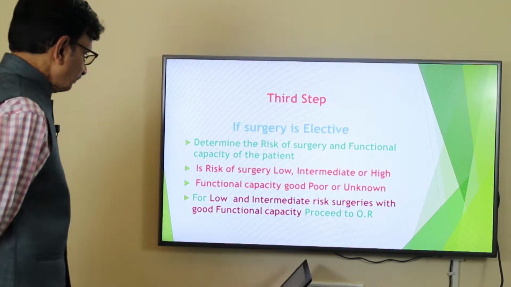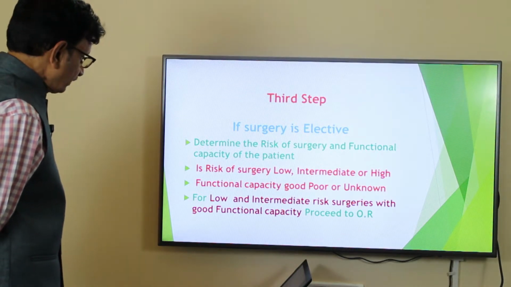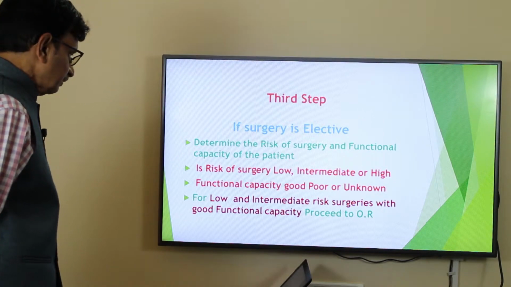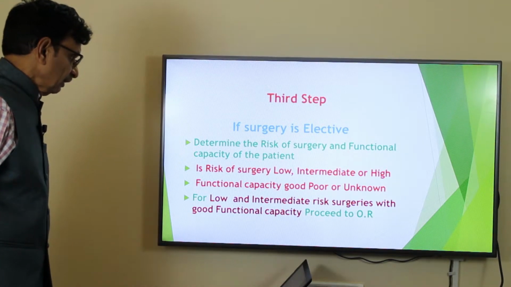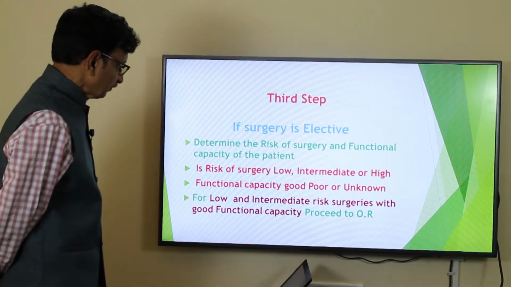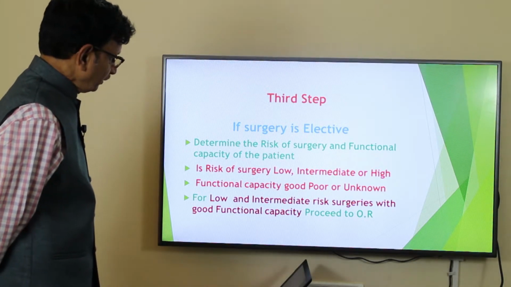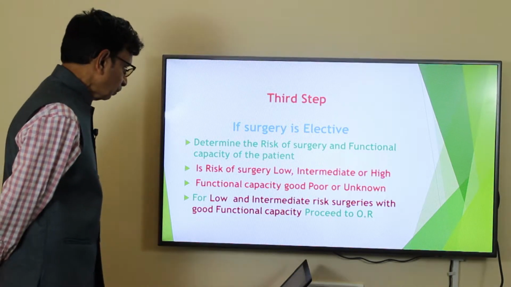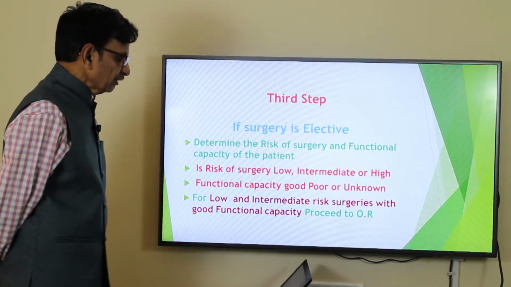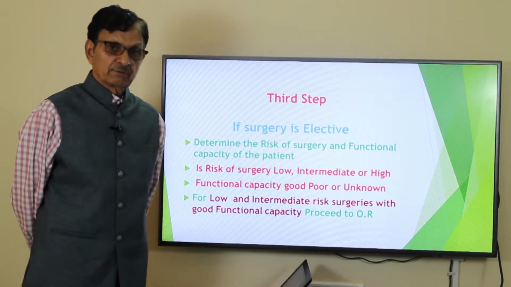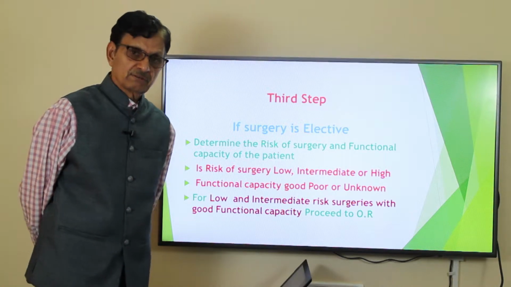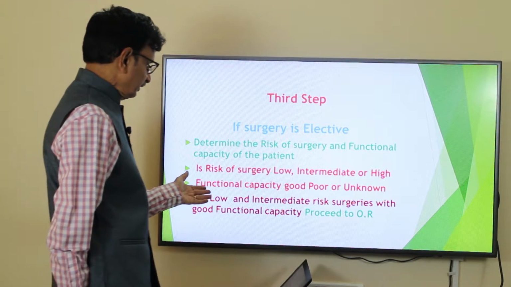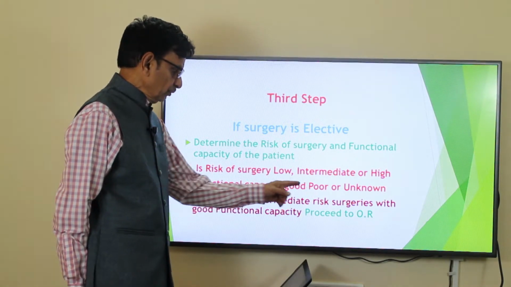So similarly, if the patient says that she cannot exercise and she cannot climb the stairs, or she doesn't give you a proper answer for your functional capacity question, then you label that person as having functional capacity unknown. So when you're interviewing your patient, you should be in a position to evaluate the functional capacity of the patient by asking a few simple questions. That way you can categorize your patients, whether they have a good functional capacity, poor, or if you don't know their functional capacity.